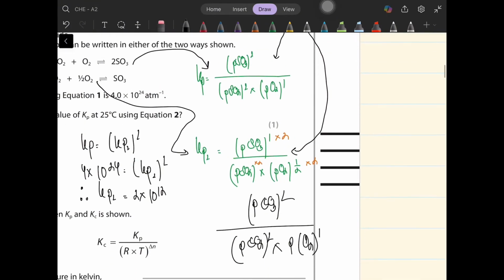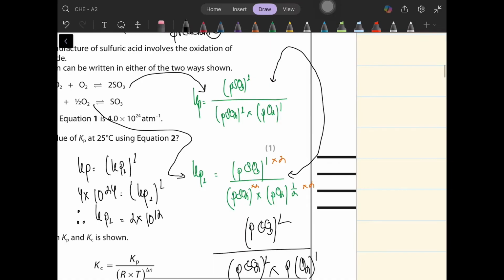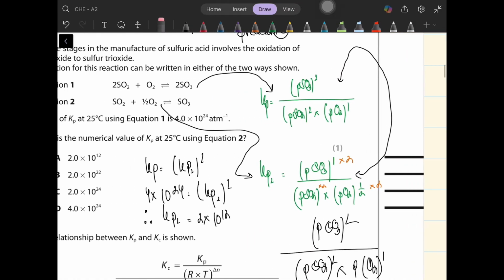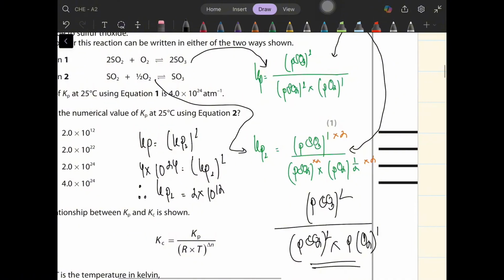This expression and this one match. Since these two match, I can say that Kp of the first equation is equal to Kp of the second equation to the power 2, because that is how we turn the second equation into the first equation.